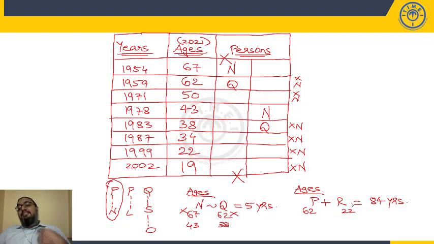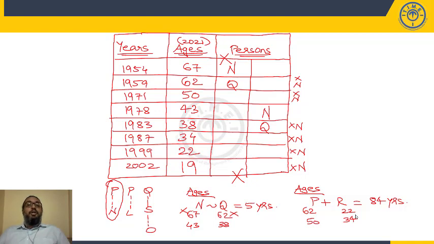Okay. Now, is there any other possibility? Yes. What is the other possibility? If I have 50 as P, then 50 plus 34, correct? 34 is also 84. So P cannot be 34 again. Why? Because P has to be above N. So N is fixed at 43. So P can be given either 50 or 62.